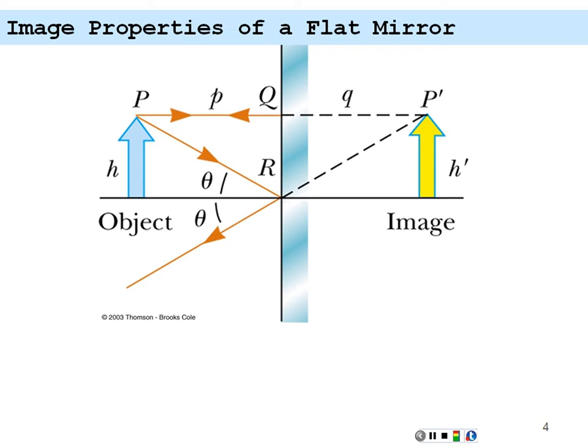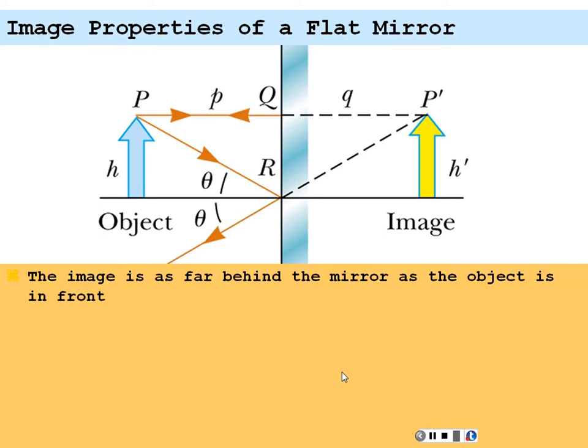Let's try this for a flat mirror. In this case, our incoming ray is coming from the left and going to the right, and our outgoing ray is staying on the same side as the object. The image is as far behind the mirror as the object is in front. Our object distance P is on the same side as the incoming ray, so it's a positive value.